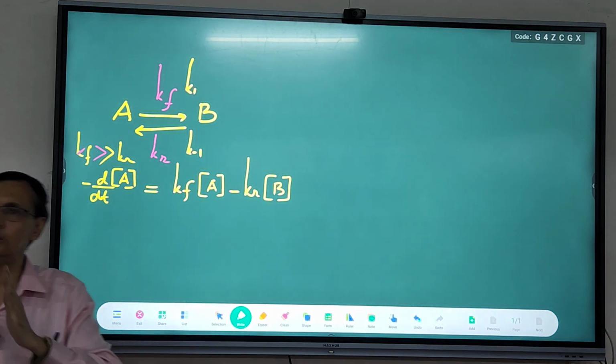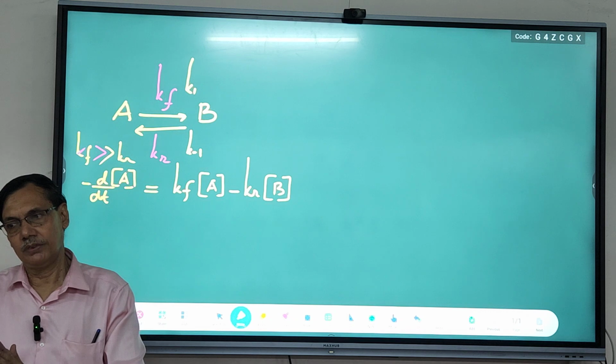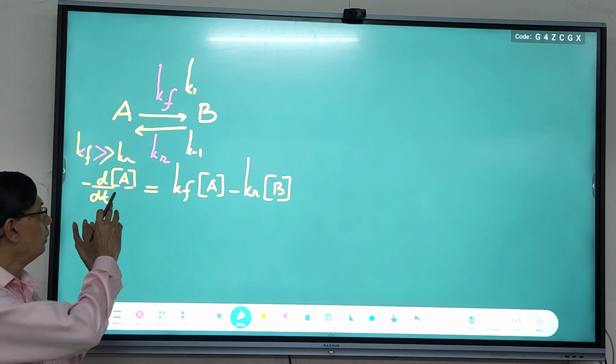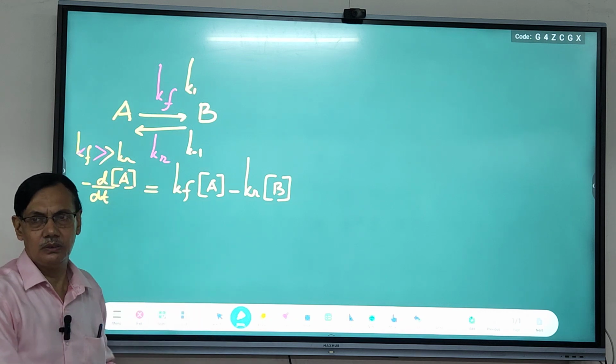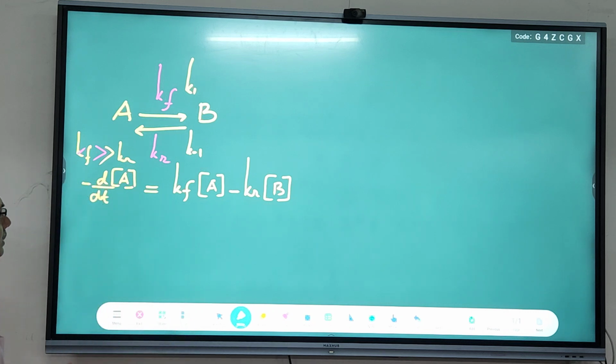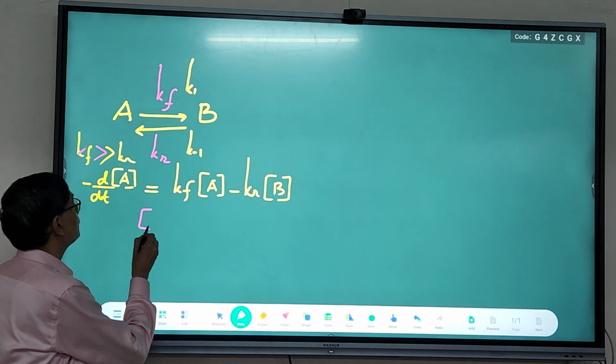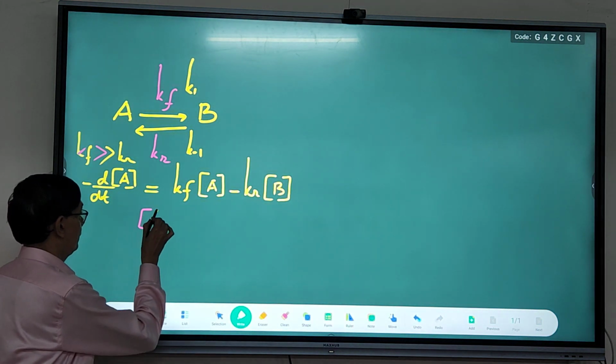Now why is integration required? Because we are measuring the rate constant, we would like to know how A is converted into B, the change in concentration. It may be a slow reaction, it may be a fast reaction. As you know, there must be some initial concentration.